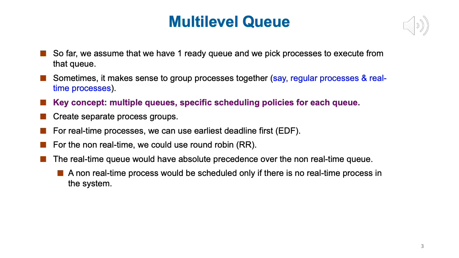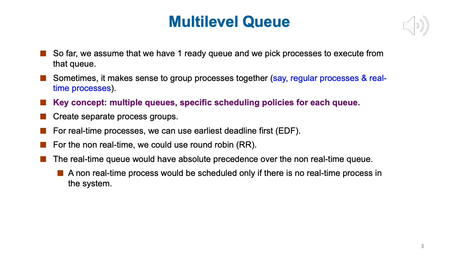From it the CPU scheduler picks, and how does it pick? Depends on the scheduling algorithm, right? That is the assumption we have worked with, only one ready queue from which we pick. Now what we are saying is sometimes it makes sense to group processes together.